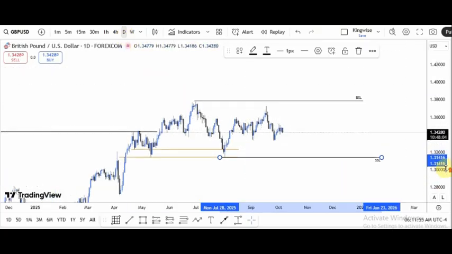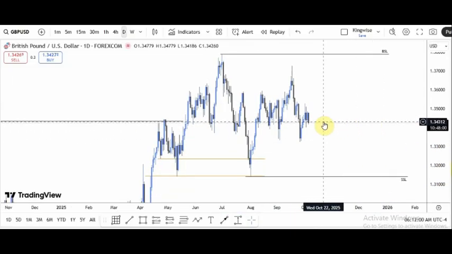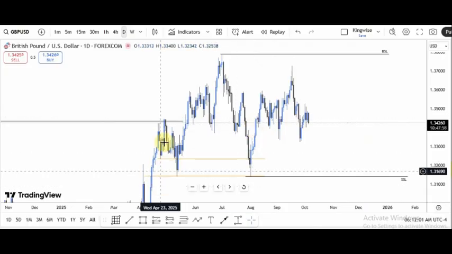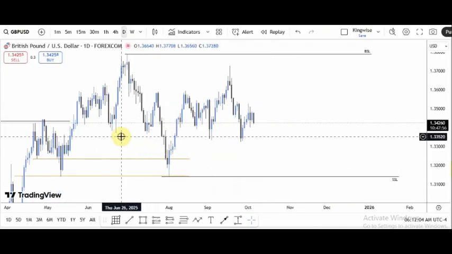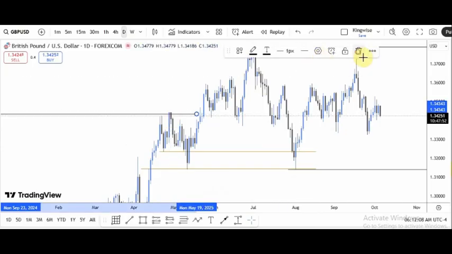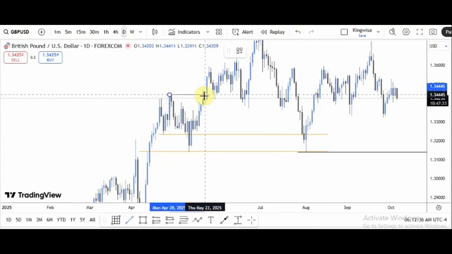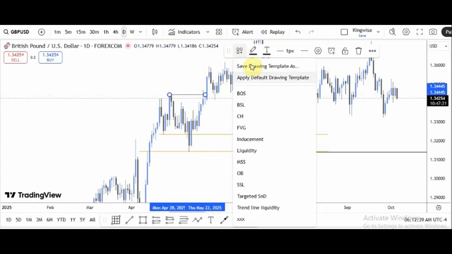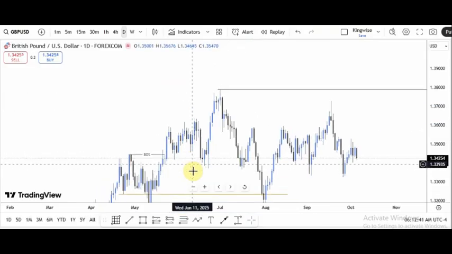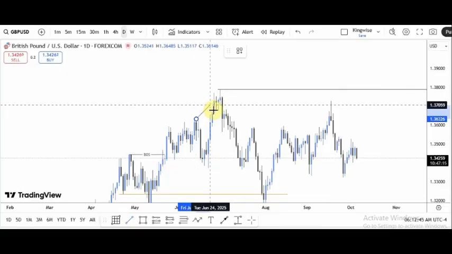On the daily time frame, what we can see is, okay, we had this breakout structure. So let's just take this out, and let's look at the internal structure on the daily. We have this breakout structure and this breakout structure.